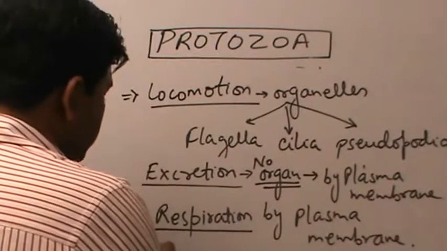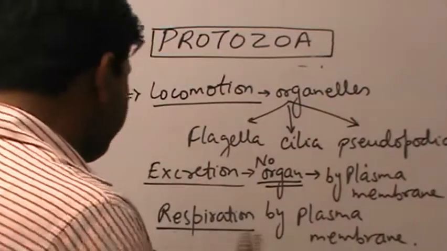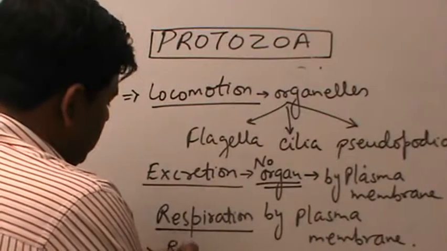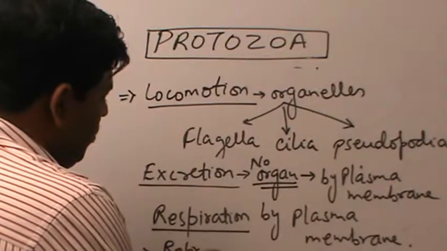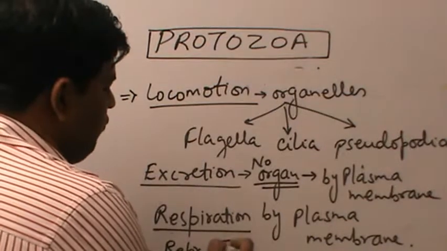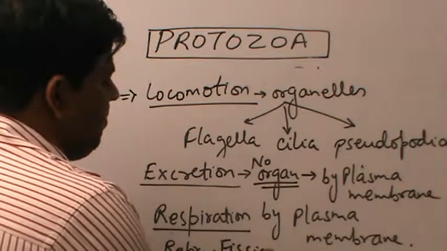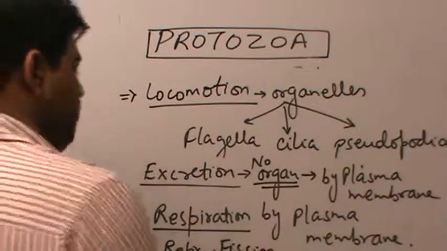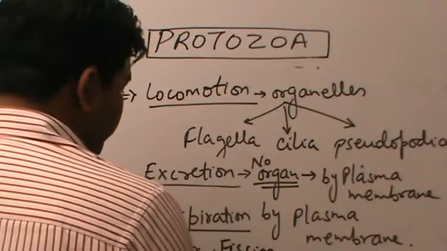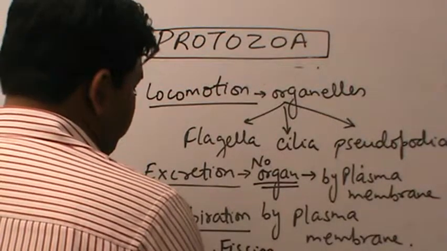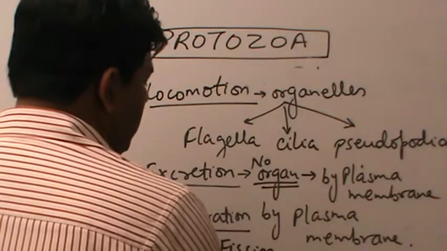And at the time of reproduction, it can reproduce with the help of fission. It may be binary fission or multiple fission.